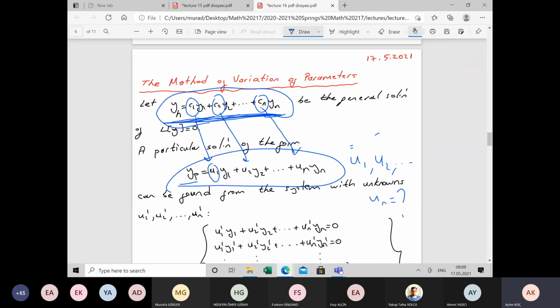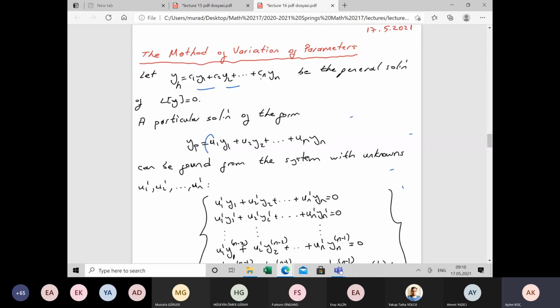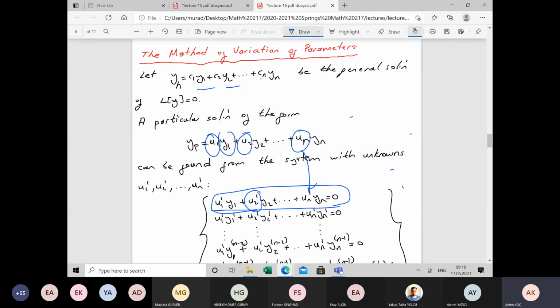How to find these functions? We claim that this is a particular solution under this condition: u1 prime y sub 1 plus u2 prime y sub 2 plus and so on up to un prime y sub n should be 0. It's okay.